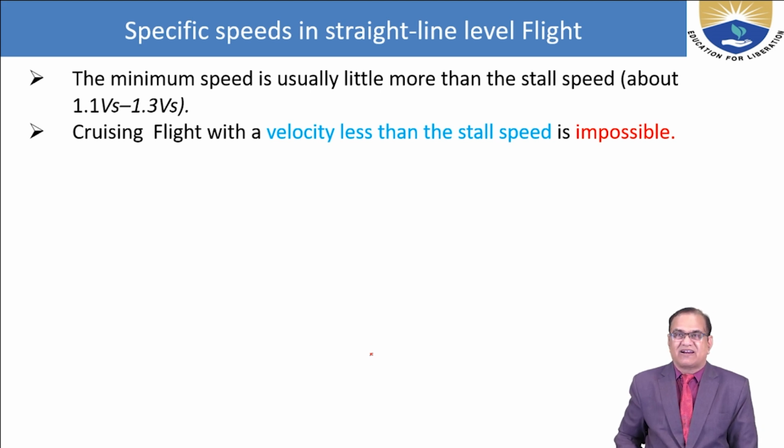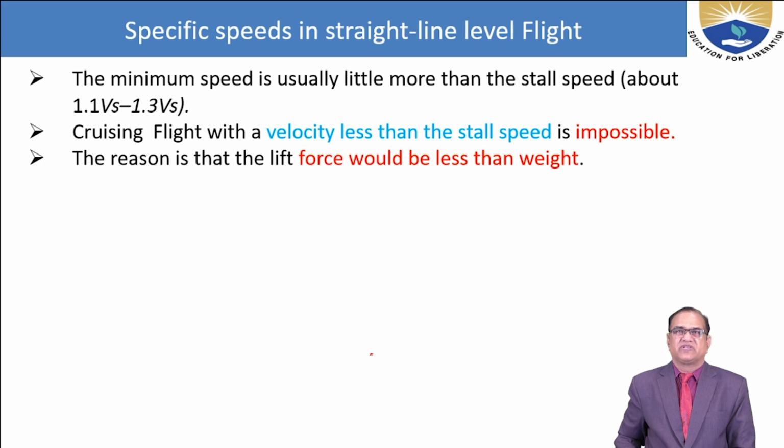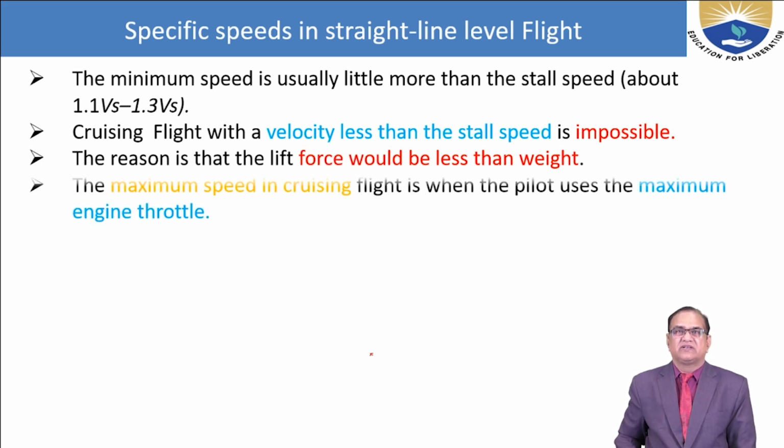You cannot fly the aircraft less than the stall speed. It is very dangerous, and the aircraft will start sinking down, and there is a risk of accident. The reason is that the lift force would be less than the weight.